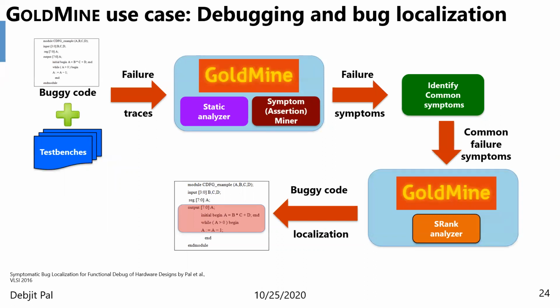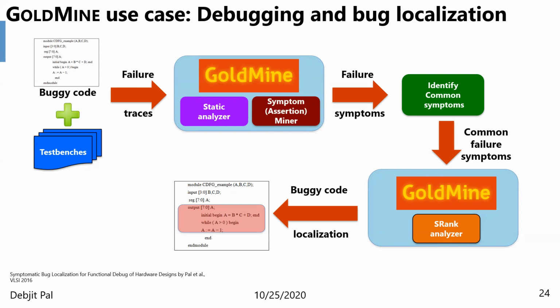The final use case of GOLDMINE is debugging and bug localization, where we repurpose the different components of GOLDMINE. During debugging and bug localization, lots of dynamic traces are produced that are failure signatures of a design. We consider each such failure trace, analyze the design with the static analyzer, and summarize the failure traces in terms of assertions, which we call symptoms.